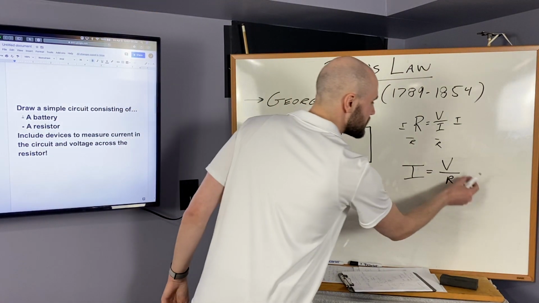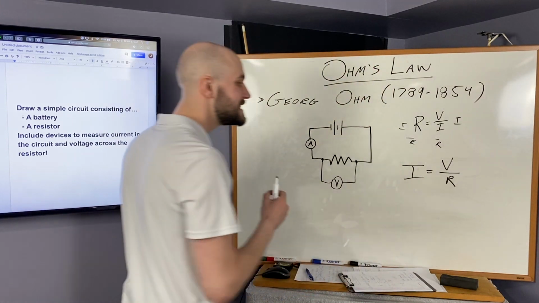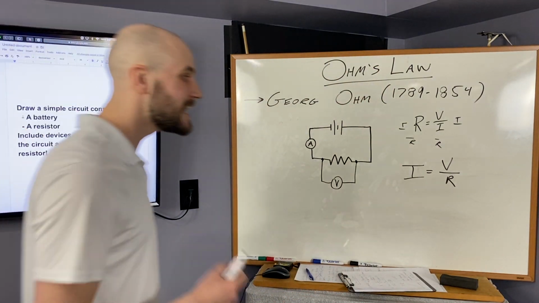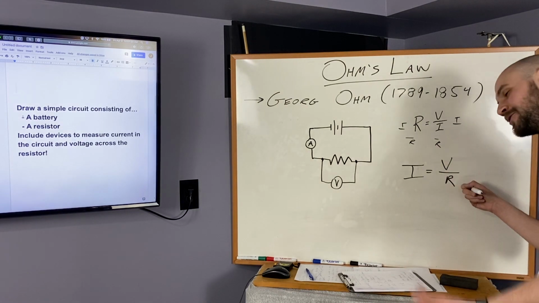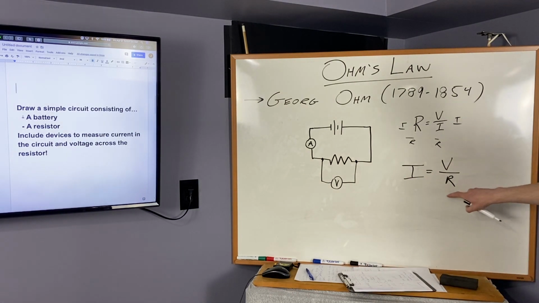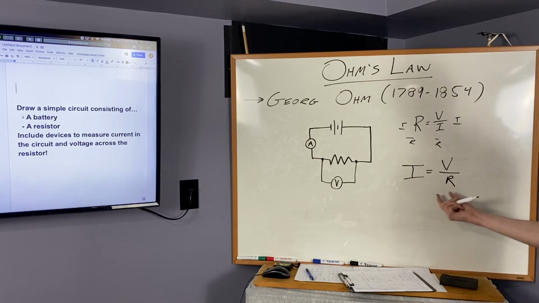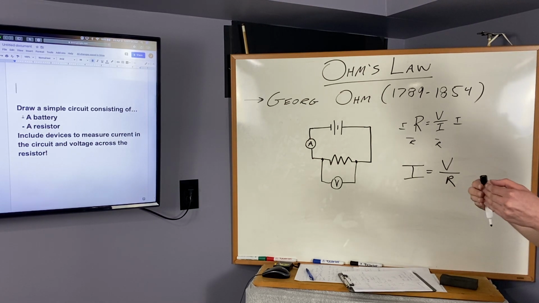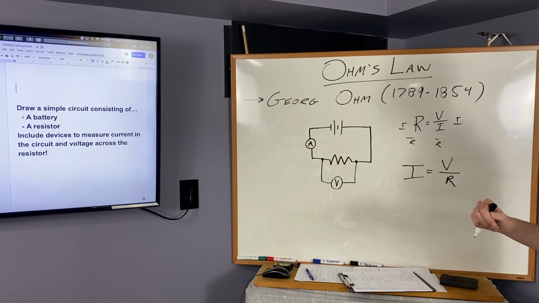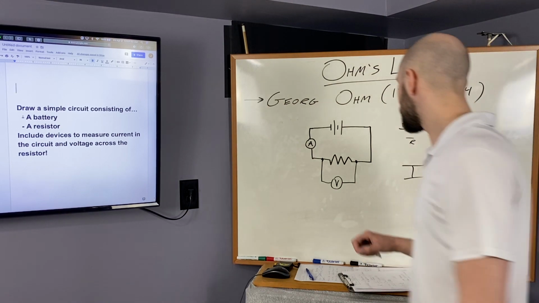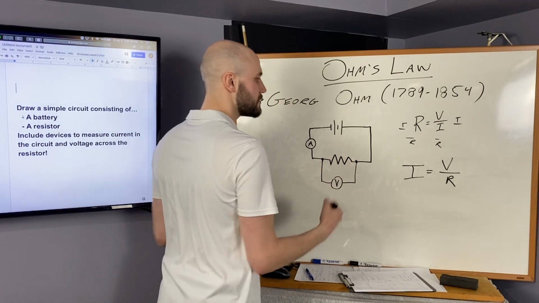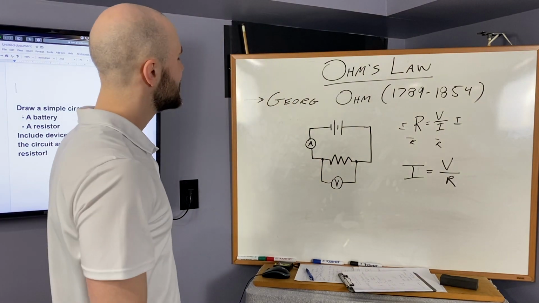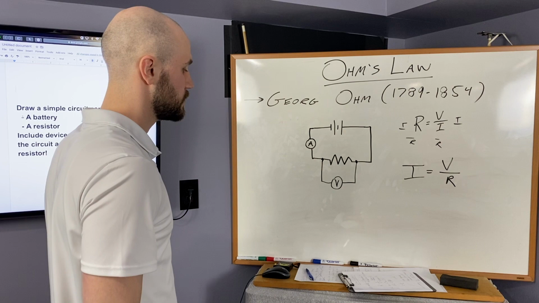But it's inversely proportional to the resistance. It's in the denominator. So if we increase the resistance, 10 ohms, 20 ohms, 30 ohms, 50 ohms, you can see it quite literally lowers the current flowing through. So by increasing the voltage, we get more current. By increasing the resistance, making it harder to flow, we're going to decrease the current through the resistor.